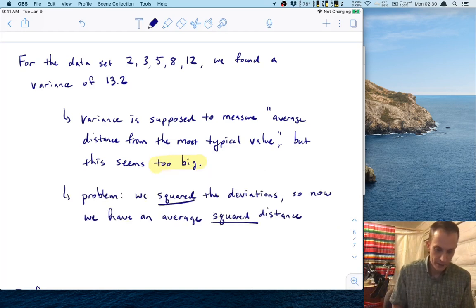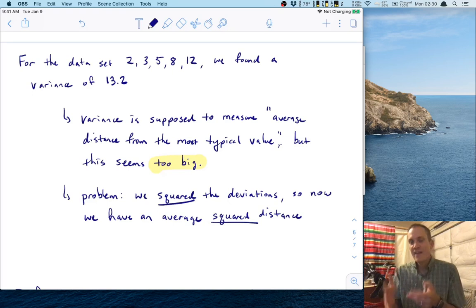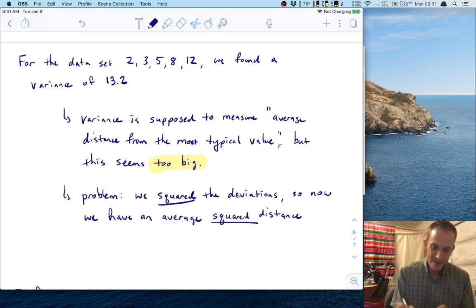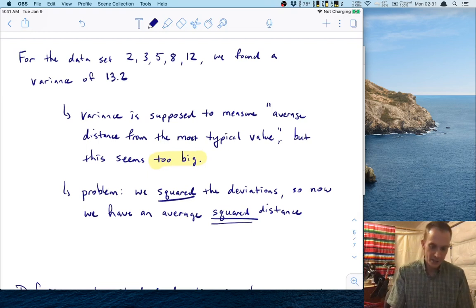What's the problem here? Well, the problem, of course, that you've probably already seen is that in the beginning, when we were working on this, to circumvent the problem of averaging deviations, we squared the deviations first. And so now, instead of having an average deviation, we have an average squared distance, an average squared deviation.